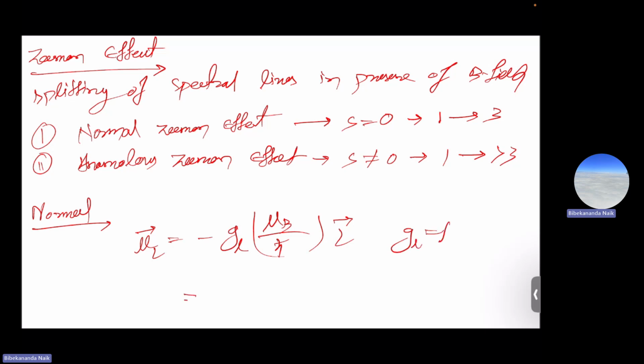So we can write it as minus mu B by h cross into L vector. When it interacts with the external magnetic field, the interaction energy will be minus mu vector dot B vector. So it becomes mu B by h cross L vector dot B vector.